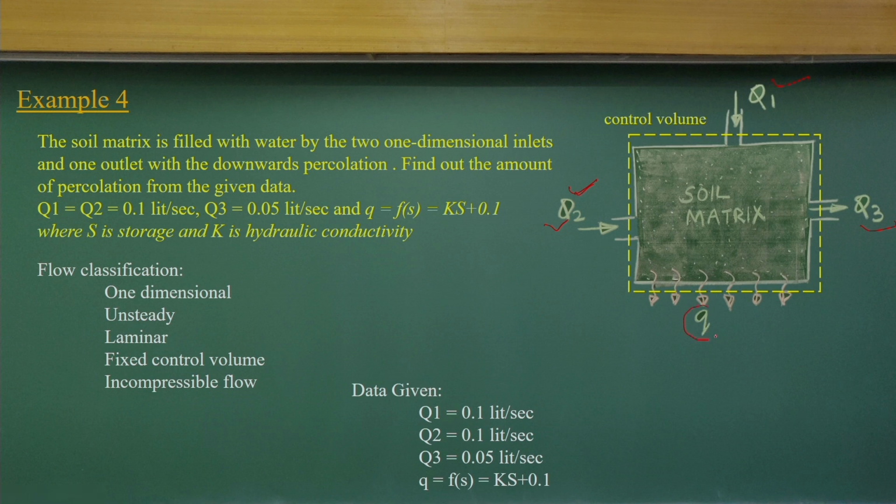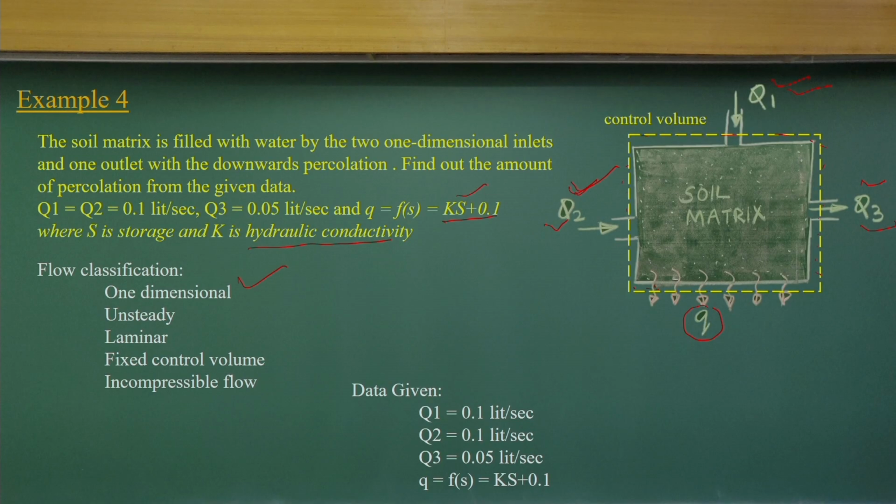Here this q is a function of storage within the soil matrix, and K is a constant of proportionality, which we can call hydraulic conductivity. Q1 is given for this study, Q2 is given, Q3 is given. I have taken the yellow color as my control volume. Before applying conservation of mass, I should classify the problem.